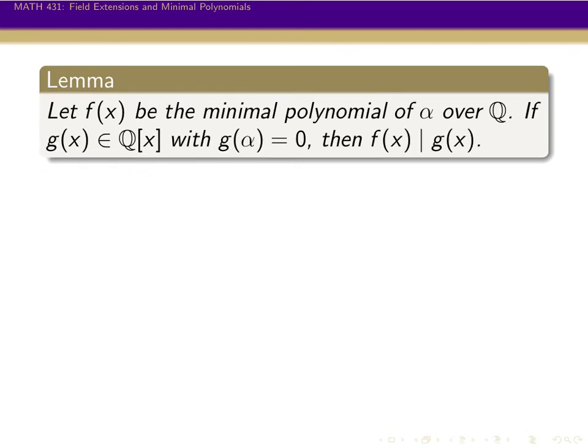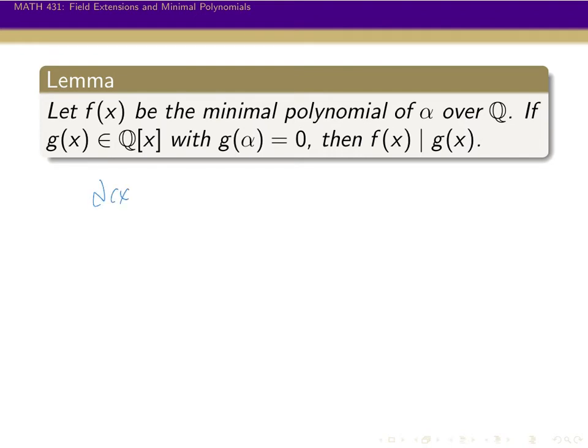Okay, lastly, and this brings us to the next one, same basic idea. In fact, the proof's going to be very similar. If f of x is a minimal polynomial of alpha over Q, and g of x is some other polynomial that has alpha as a root, then f of x has to divide g of x. And this is the same idea as before.